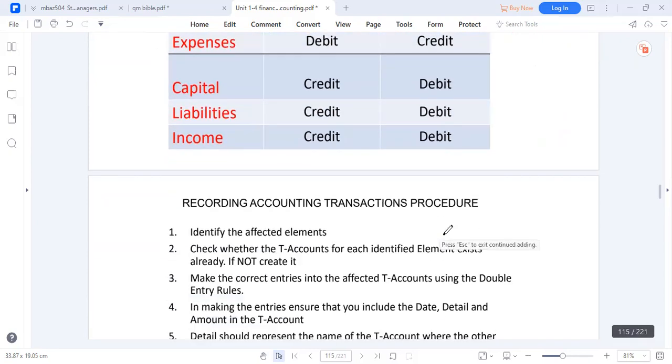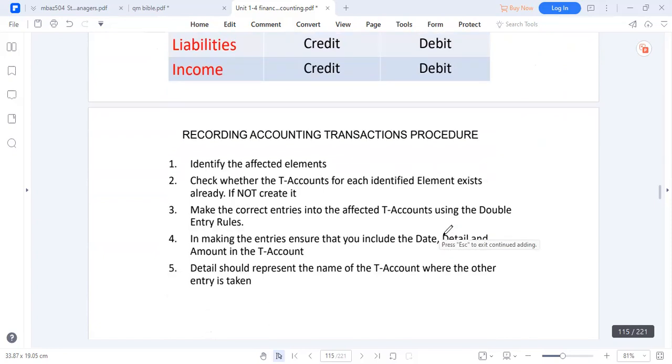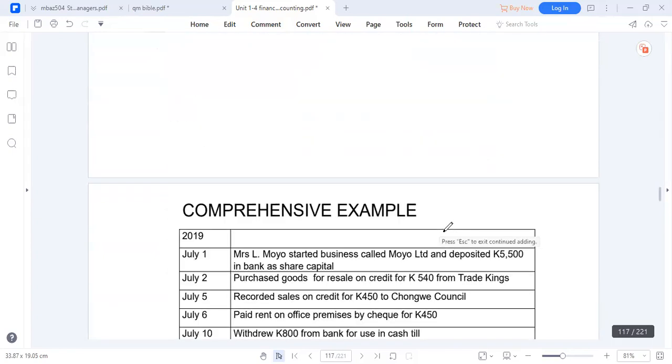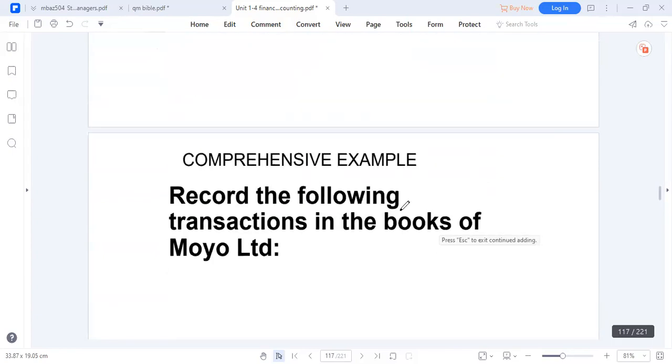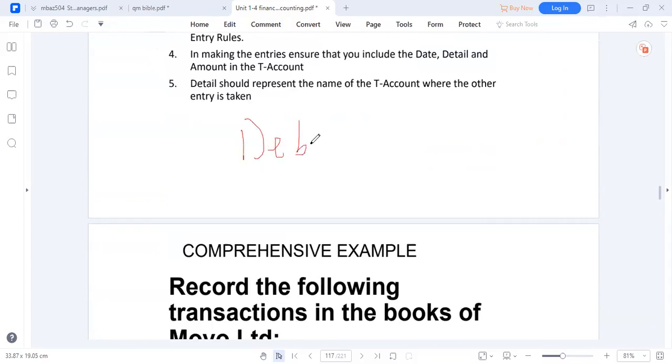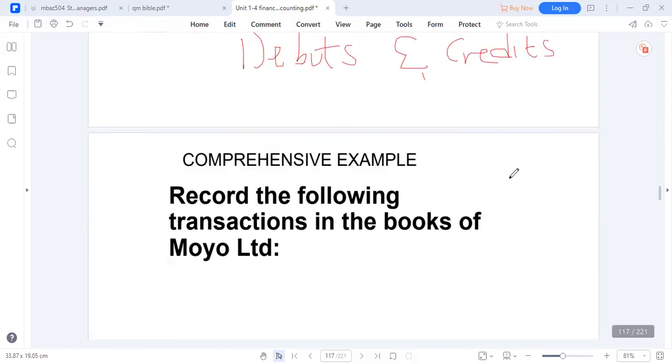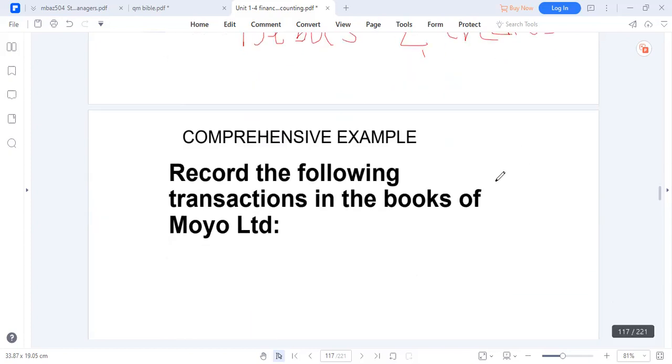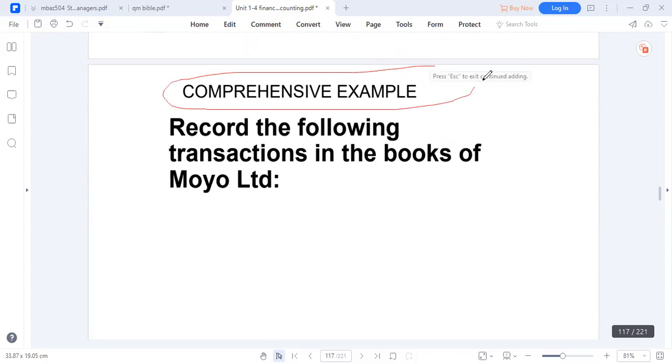All right, the most important thing about the double entry system is that you understand the debits and the credits. Let us look at this comprehensive example. They want us to record the following transactions in the books of Moyo Limited.